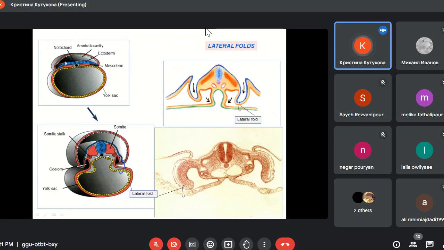The embryo first was flat, and now it will be closed with the centrally located gut developed from the endoderm, the body cavity coelom, and outermost layer ectoderm that will cover the embryo from all the sides.